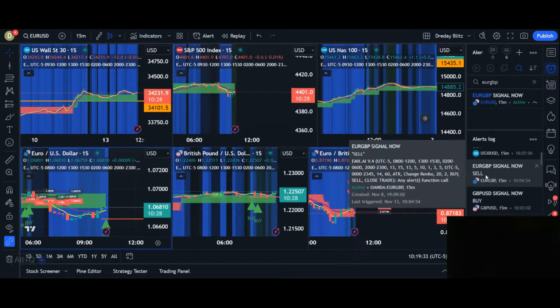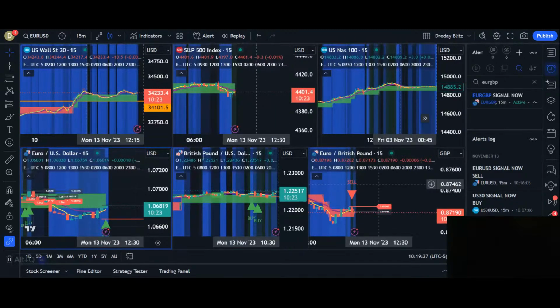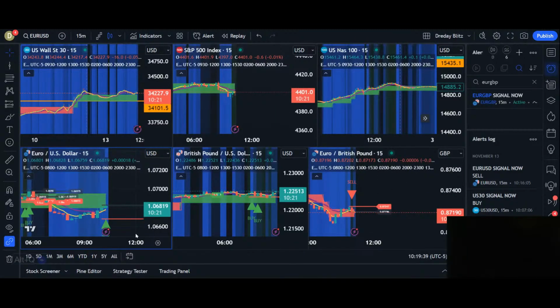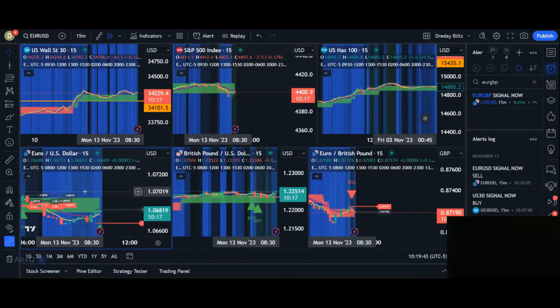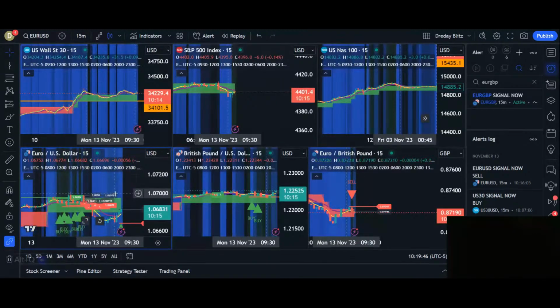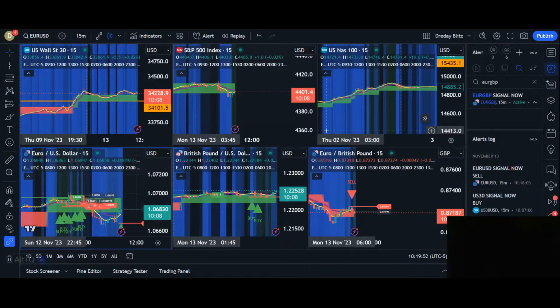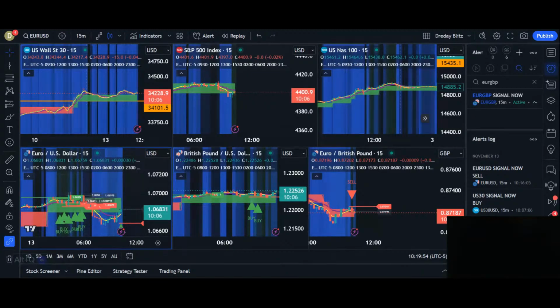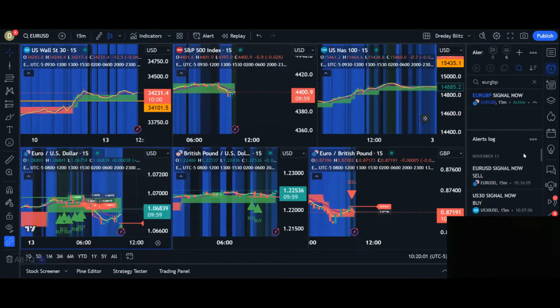That's Euro USD. Let me double check the settings just to make sure. The Euro USD sell signal triggered at 10 speed.